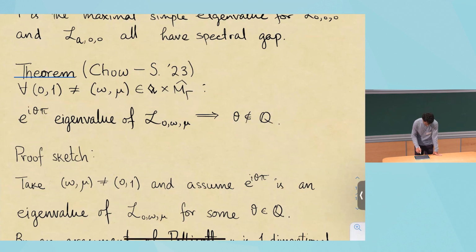If e^{i theta pi} is an eigenvalue of L_{0,W,mu}, so you're twisting using W and mu, then theta will be irrational. So you cannot get eigenvalues of rational angle.